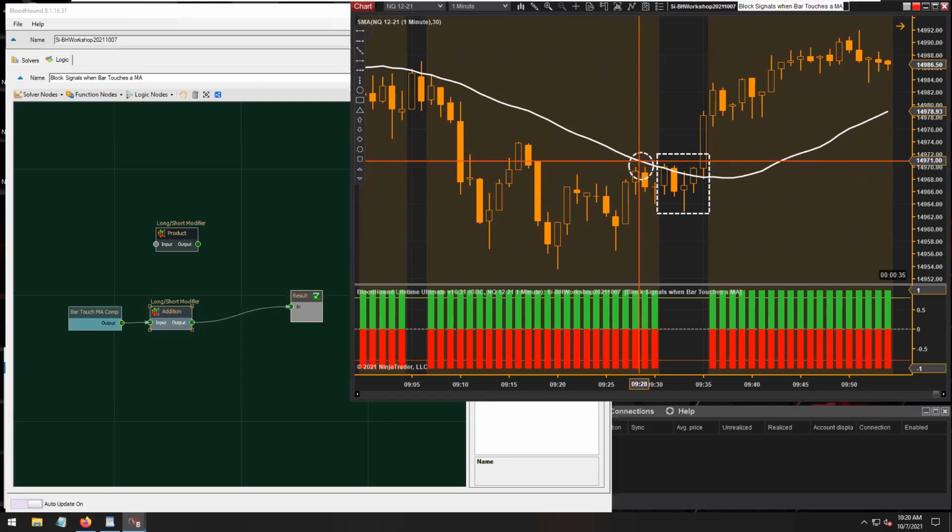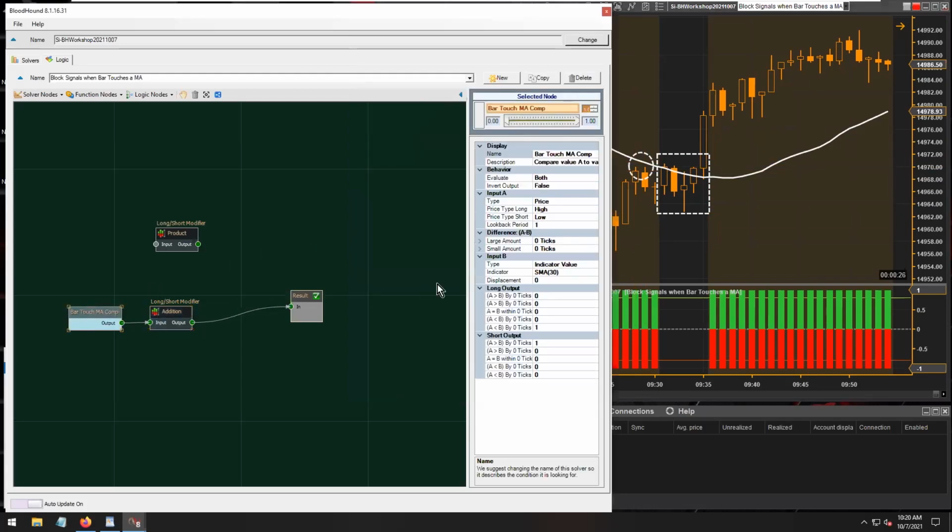So we want to block signals here if the bar is within X number of ticks from that moving average. So let's see, I think we should be able to just use this, use the difference here. And let's see what happens when we put in 5 ticks.